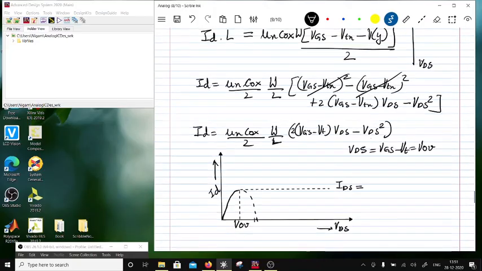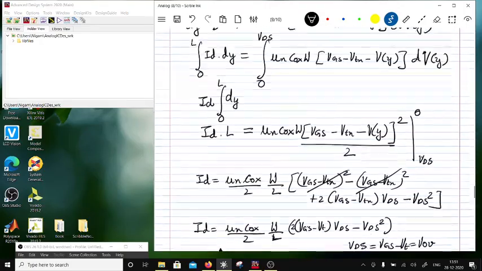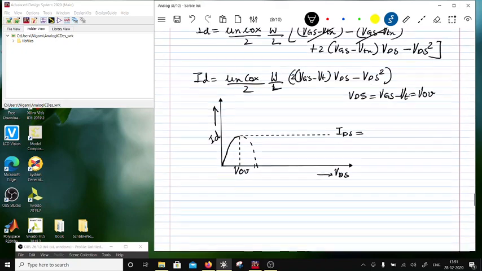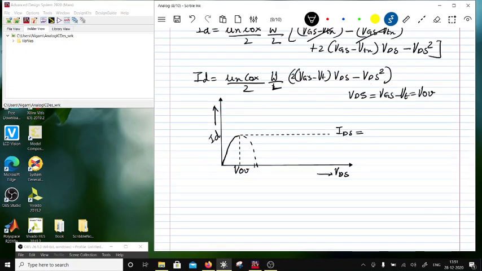But beyond pinch off, L is going to shrink to L dash, and as you increase VDS, L dash is going to become smaller and smaller. So the same equation holds with L dash instead of L. So in this region, the current is going to increase like this, and then something like this would happen.